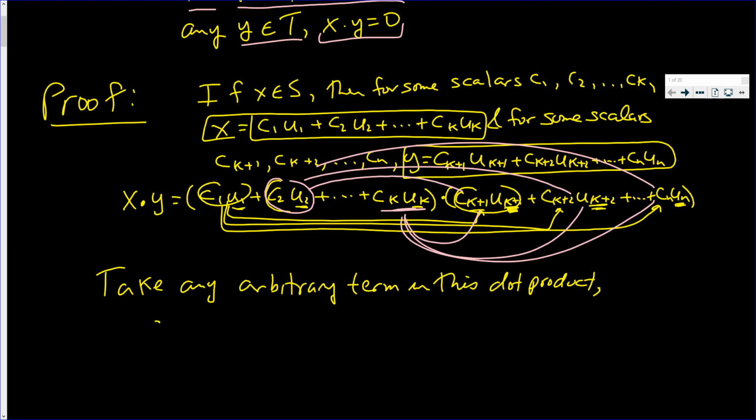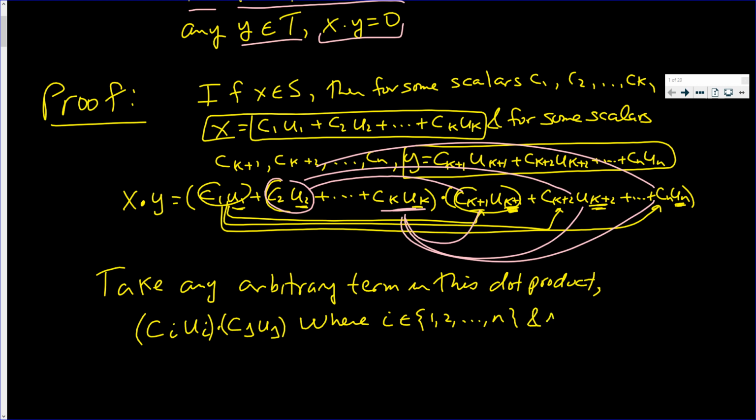Such as C sub i U sub i, dotted with C sub j U sub j, where i is contained in 1 through k, that's the key part, and j is in k+1 through n.